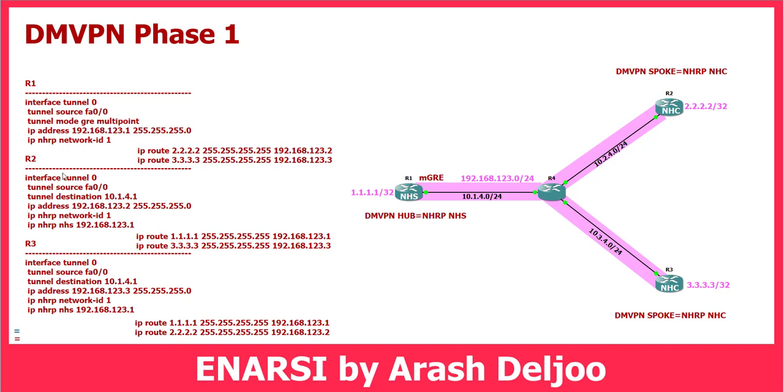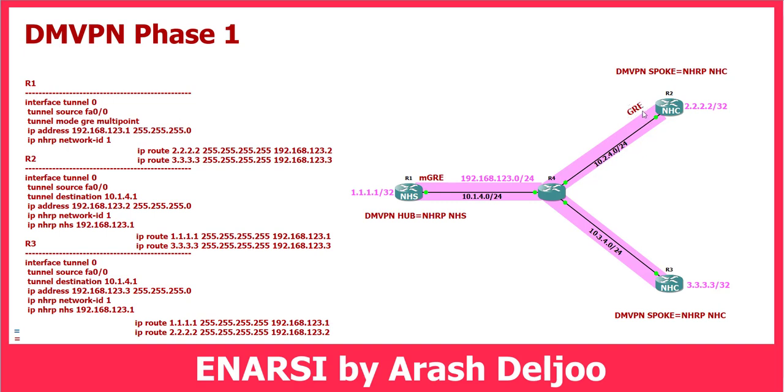After that, on router 2 and also on router 3, we should configure a similar configuration. Interface tunnel 0 on both, and the tunnel source is FastEthernet 0/0. The tunnel destination is 10.1.4.1. As you know, here we are configuring a point-to-point GRE tunnel, and in a point-to-point GRE tunnel we have the tunnel destination. Because of that, I have configured the tunnel destination.